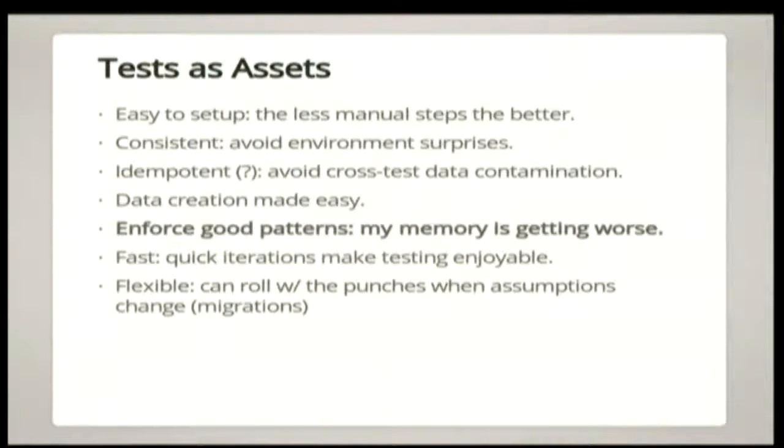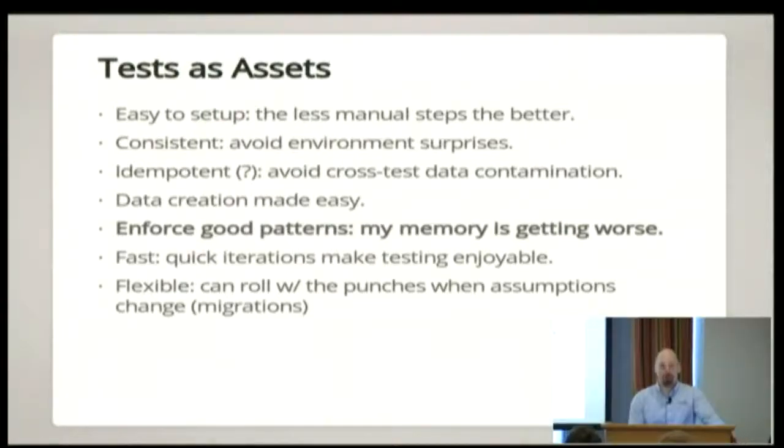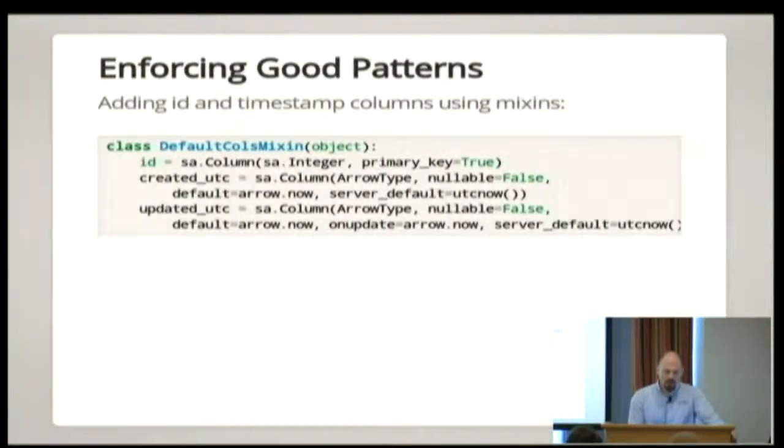Okay, so the next thing we want to do is let our tests enforce good patterns. One of the things I've realized is that SQL Alchemy in particular allows you to do some pretty cool stuff, but its defaults don't always match the defaults that we have as an organization. For instance, we always want our ID to be ID, and we always want created timestamps and updated timestamps.